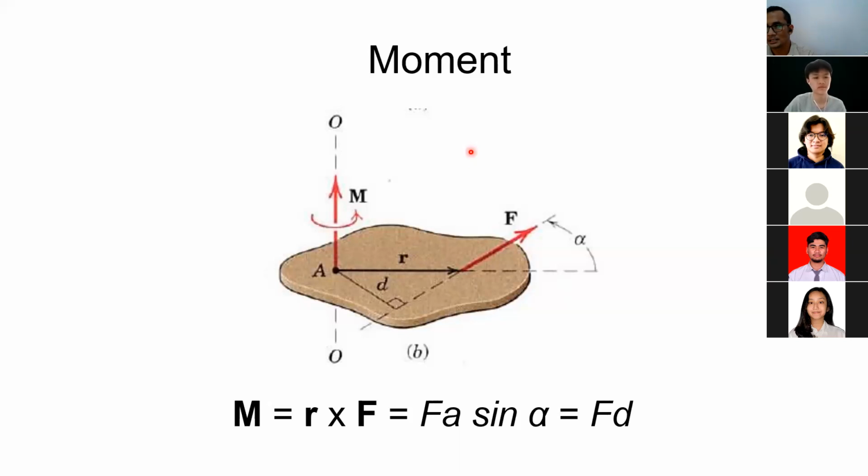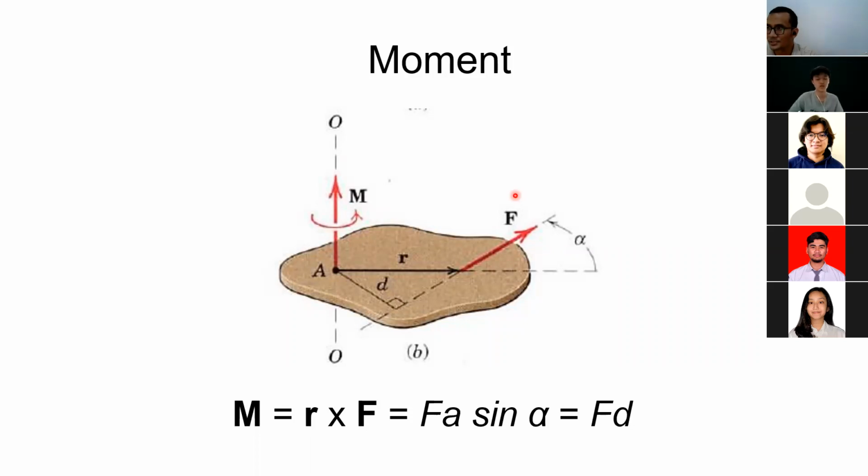And what will affect the magnitude of a moment? Timothy. The distance, maybe. The equation there, right? The distance, what else?